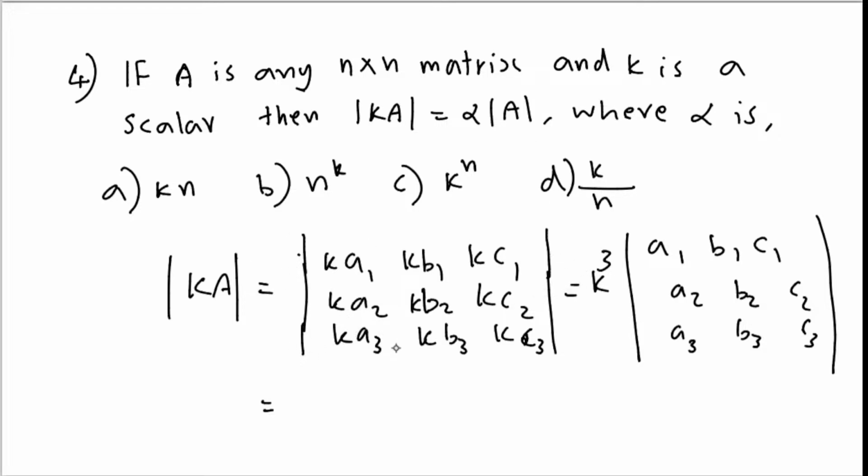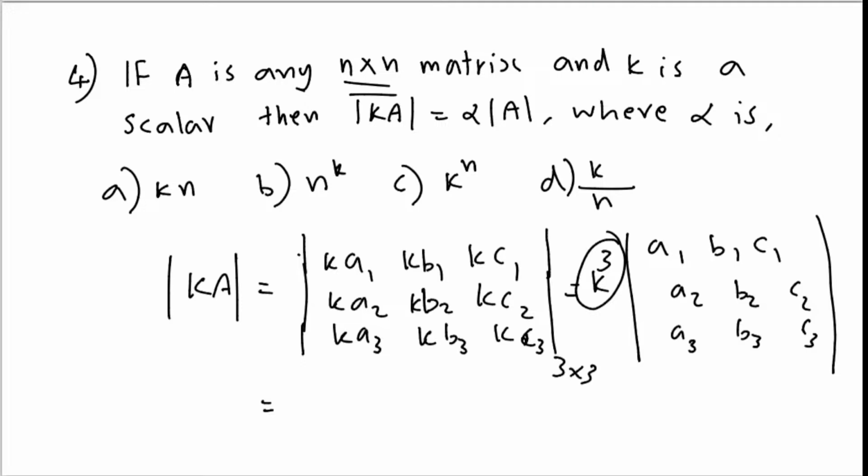The original matrix was a 3 by 3 matrix. So I get K cube here. So in the given question, it's an n by n matrix. So the answer will be K raised to n. Okay.